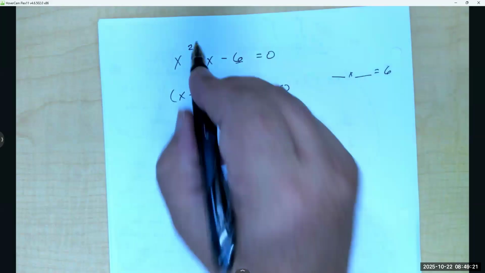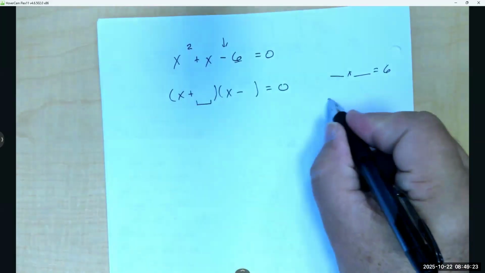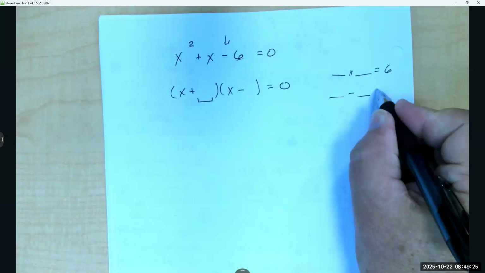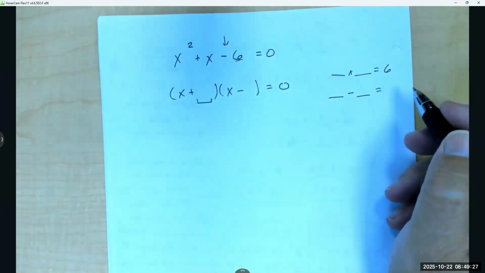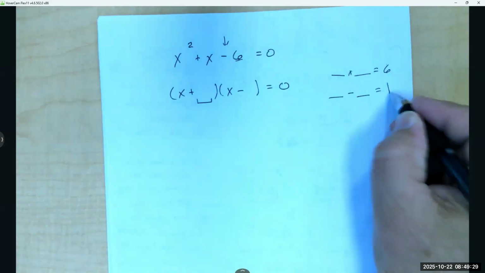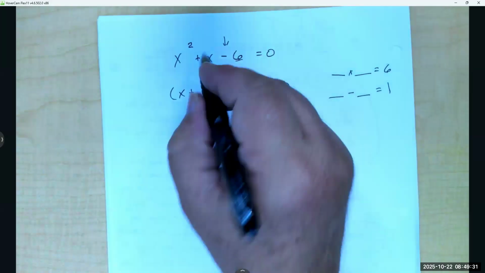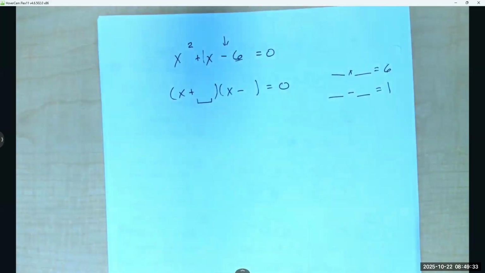Very good. Because the second sign's a minus, so we gotta figure out what two numbers, when you subtract them, equals what? Why 1? Because that's the implied number. That's very good. So this is the only part you have to think about. And I'm eager to see what you guys do when you go to the board.